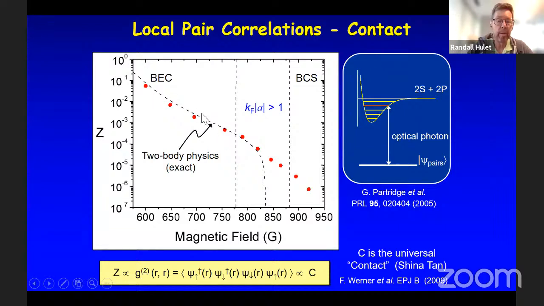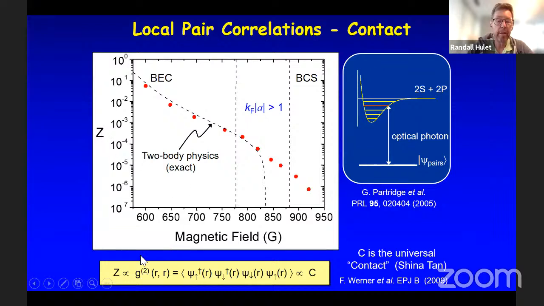The experiment we did was to drive an optical transition between the ground state of this gas, whatever it happened to be, whether a BEC paired gas, a BCS paired gas, or something in between, up to a singlet level, which then pulls out the closed channel part of this Feshbach resonance. That's what Z is.